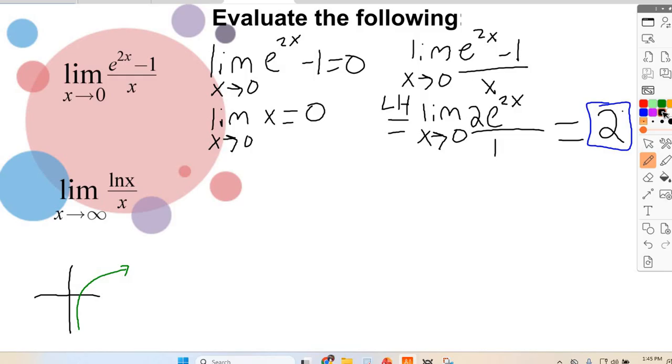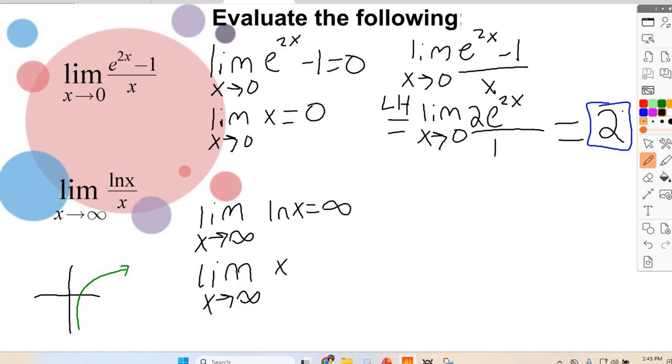Larger. They're also getting larger. So do we agree that the limit as x goes to infinity of the natural log of x equals infinity, as does our limit as x goes to infinity of x? Yeah?